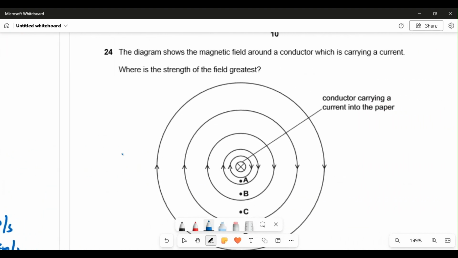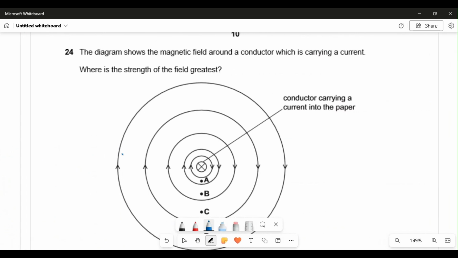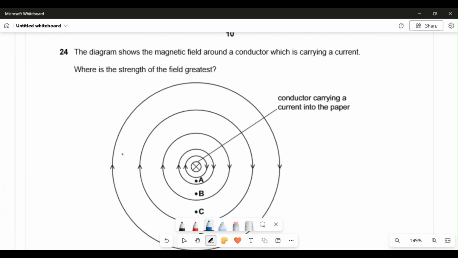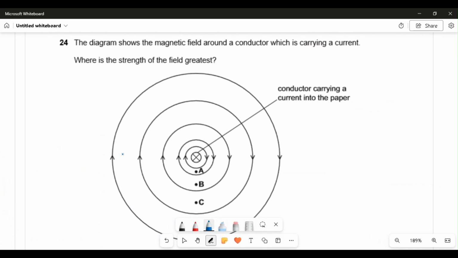The diagram shows the magnetic field around a conductor which is carrying a current. We know that when a conductor carries a current, a magnetic field is produced around that conductor. That magnetic field depends upon the amount of current inside it: more current, stronger magnetic field.